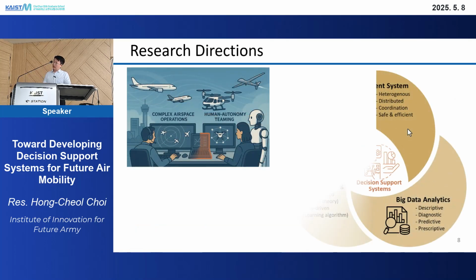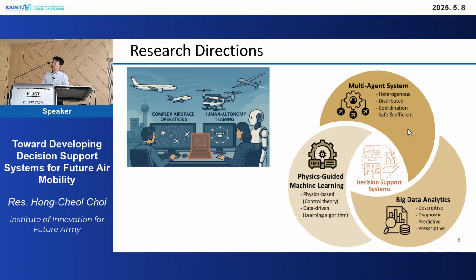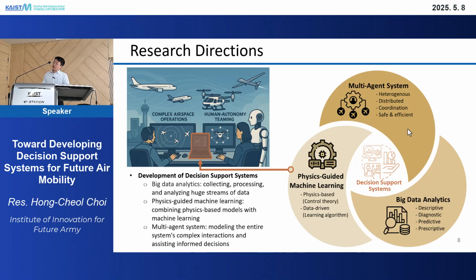In order to develop this kind of decision supporting system, I have three research directions, as you can see here, from big data analytics to the multi-agent system, and these can be used to develop these decision supporting systems. As you may know, big data analytics has the capability to collect and process huge amounts of data, even real-time streaming data. And big data analytics is basically a data-driven method. So I observed some limitations of data-driven methods, and I tried to incorporate physics-based methods too.